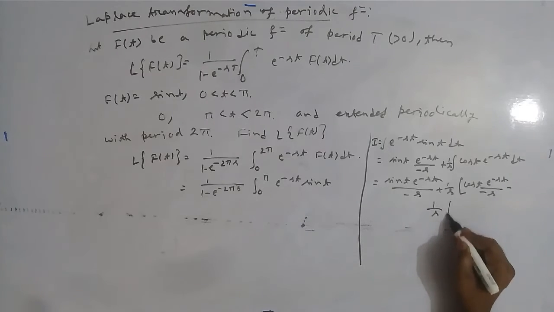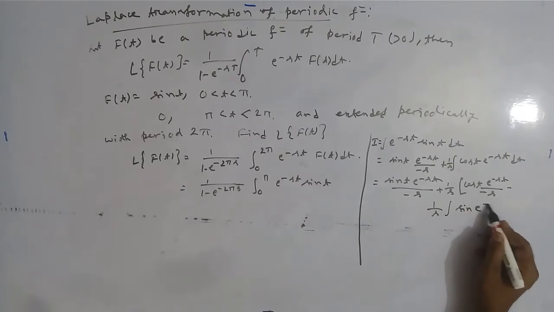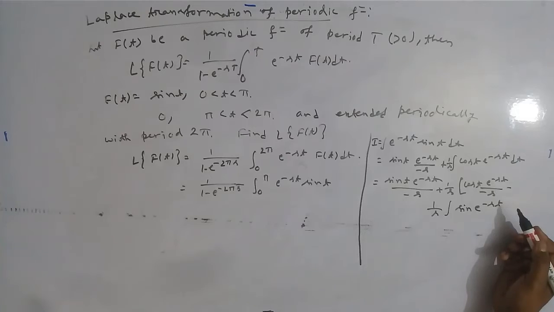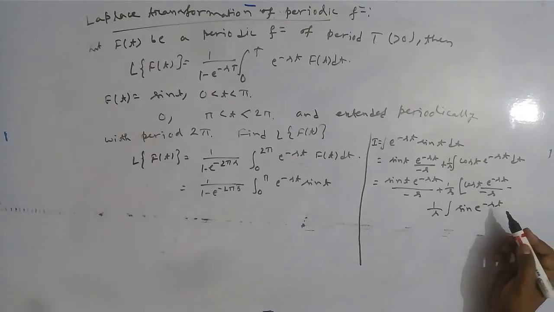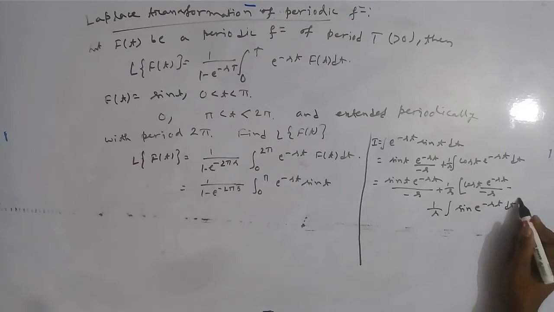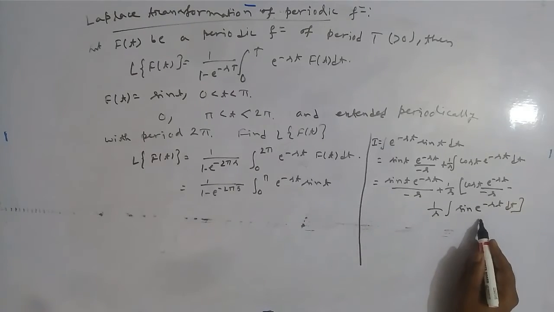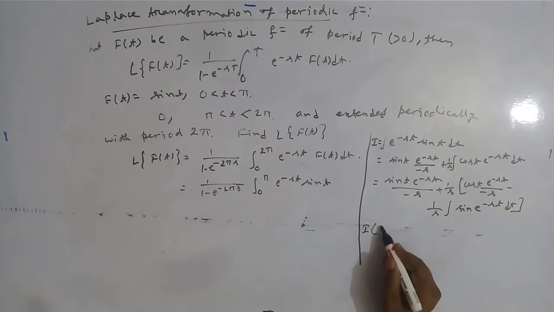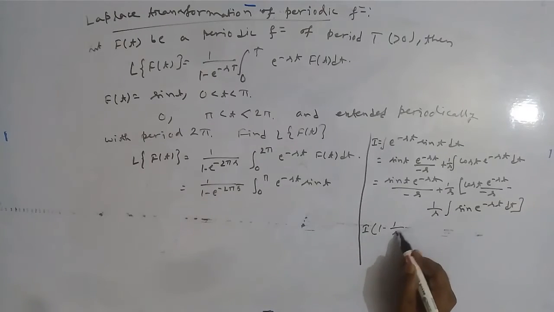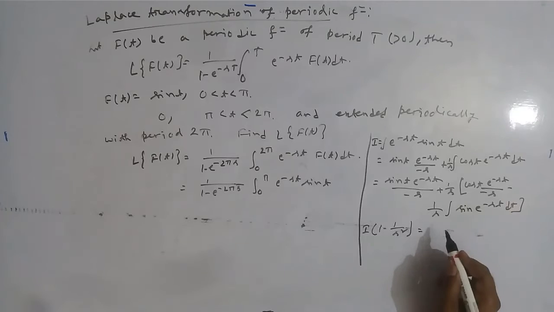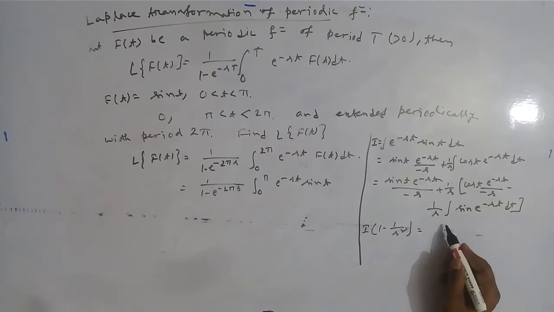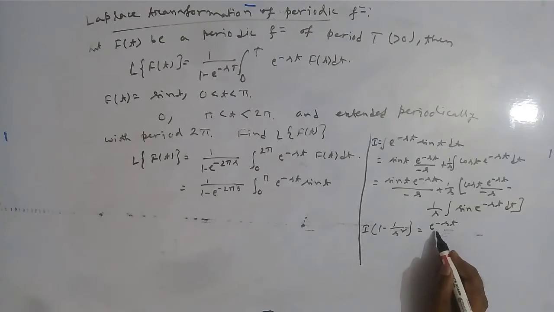So 1 by s integration of sin t e to the power minus st dt, and this is I. So I into 1 minus 1 by s square equals, this will give us e to the power minus st by s square.